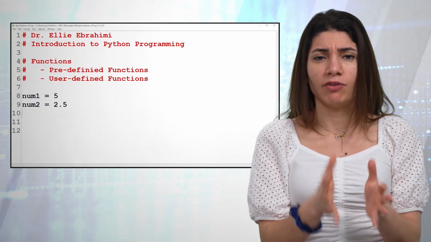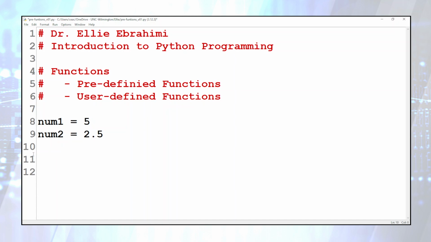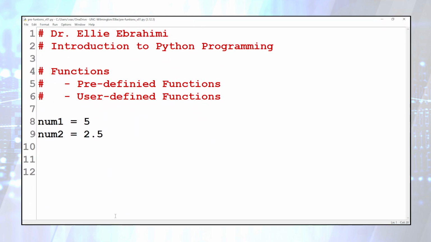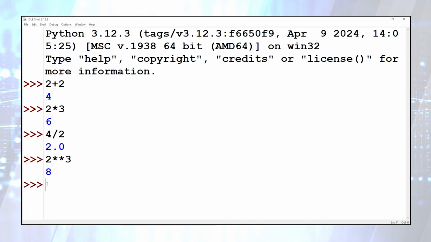Okay, now I have these 2 lines of code, and I can save it and run this code for myself. When you want to run your code, unlike in the shell where you were just pressing enter, let me go back to the shell. If I have num1 equal to 5 here and press enter, it's just going to run it for me, right? So now if I say, okay, what is num1?